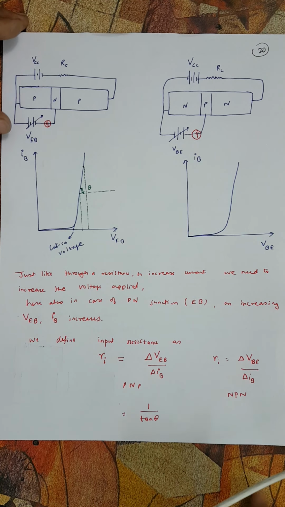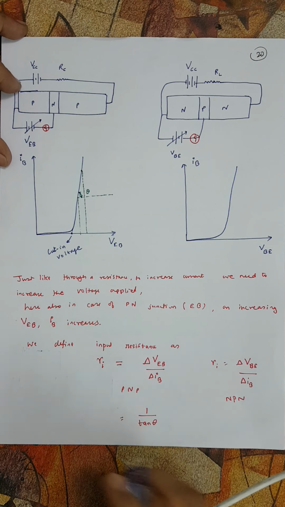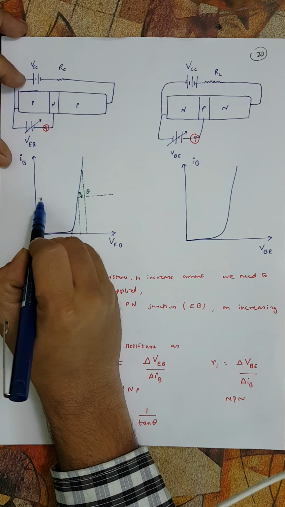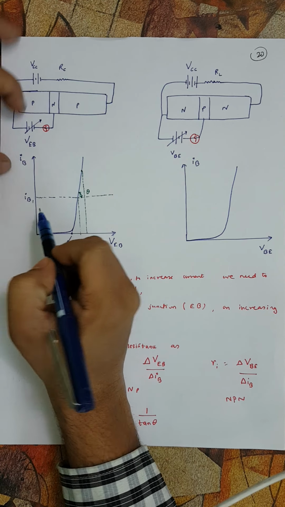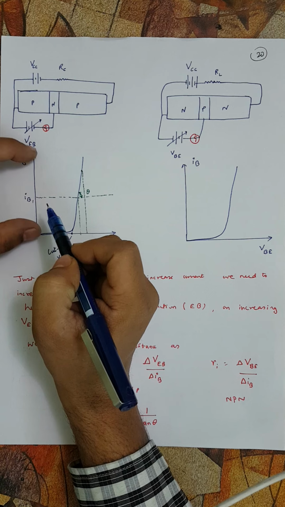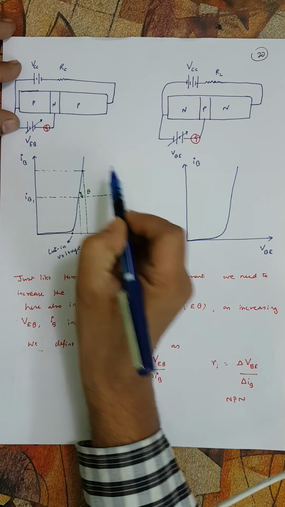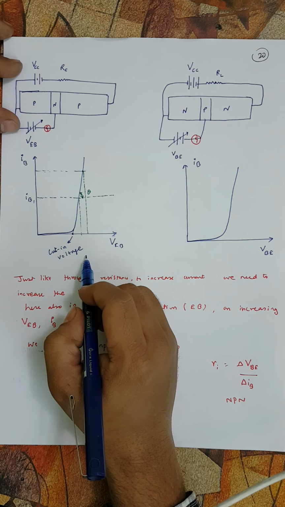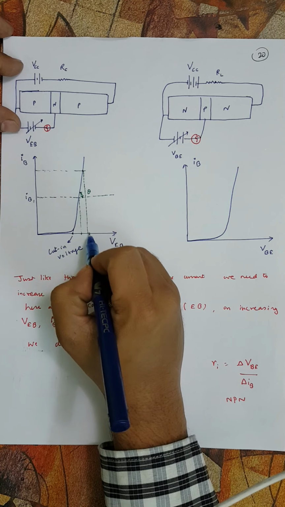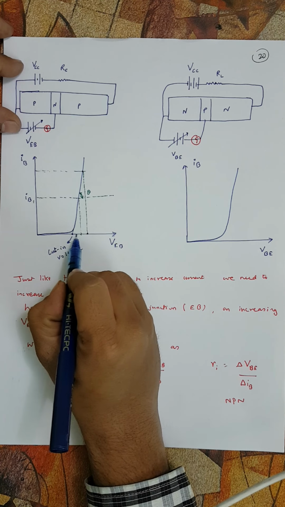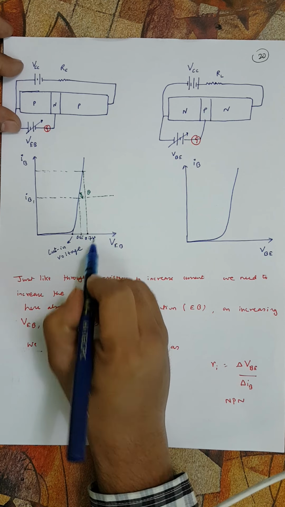Now comes a very important point. If we want to drastically increase this IB, for example, IB is at this level, IB1, and let's say we want to double it to here, how much do we need to change the input voltage? The input voltage will change by actually a very small amount. That means this VBE, which is roughly around here, let's say 0.65, may go up to, let's say, 0.7 volt.